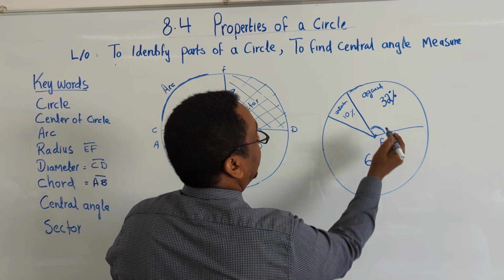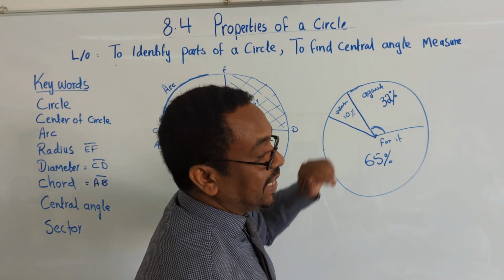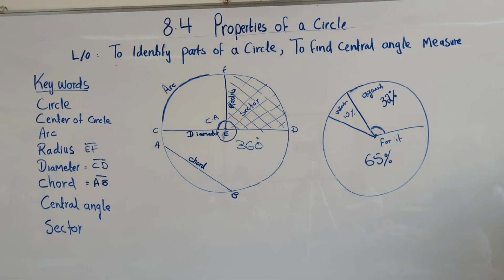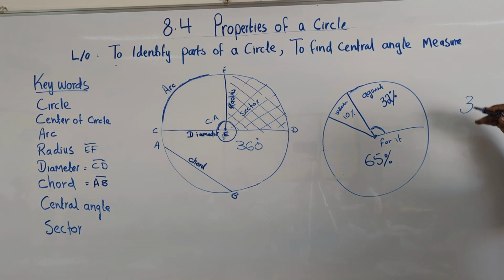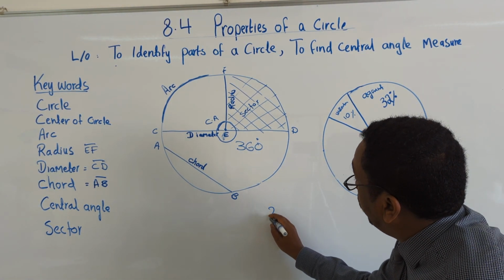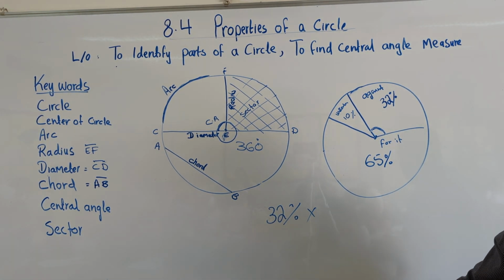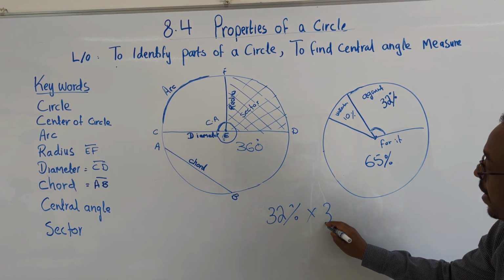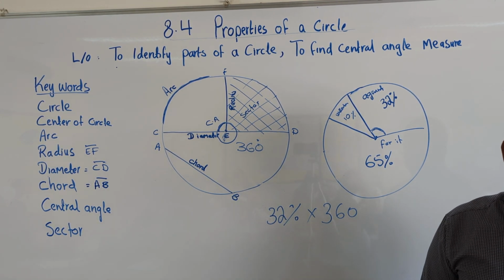So now if I ask you, how much is this angle? It's not 90 degrees because we didn't say it's 90 degrees. So to find that, we need to say it's 32%, can you see this? So we say 32% times 360. We need to multiply these two. Remember, percent means divide by 100.